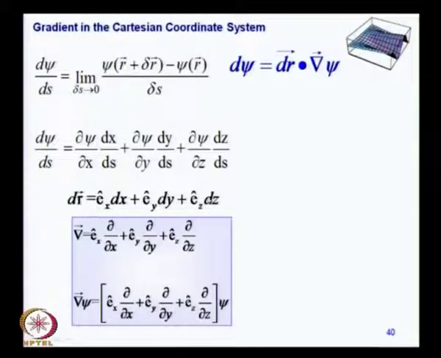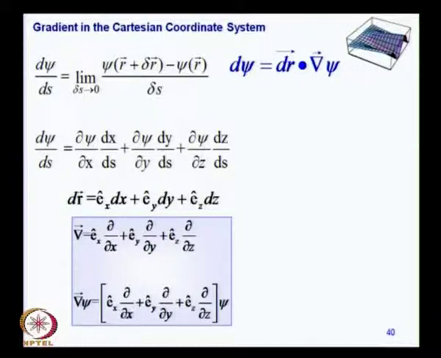The moment you do this and recognize this as a sum coming from a dot b as ax bx plus ay by plus az bz, the expression for the gradient which you see in this box automatically jumps out.